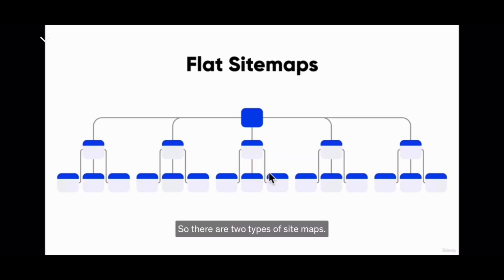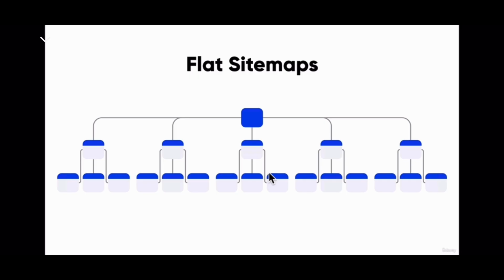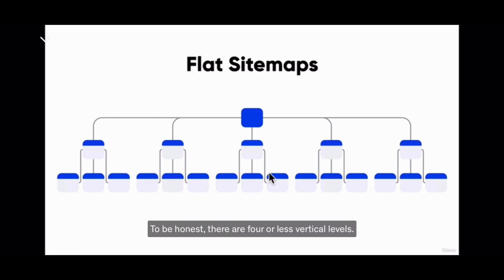Use a legend. There are two types of sitemaps. This is a flat sitemap, and this is better suited for small to medium-sized products. I'm thinking maybe like 10 to 100 pages, maybe even less. To be honest, there are 4 or fewer vertical levels.